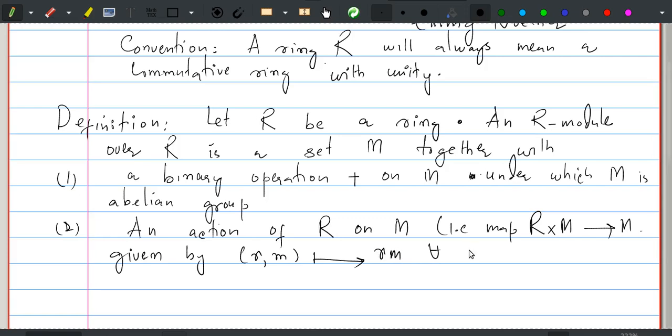This is for all r in R and for all elements m in M.